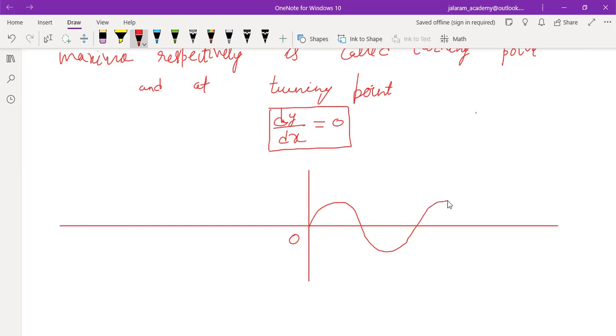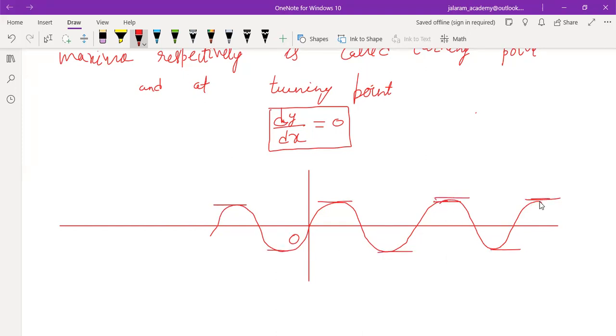Which curve is this? Sin x. And look at this, at all these points, tangent becomes parallel to x-axis.